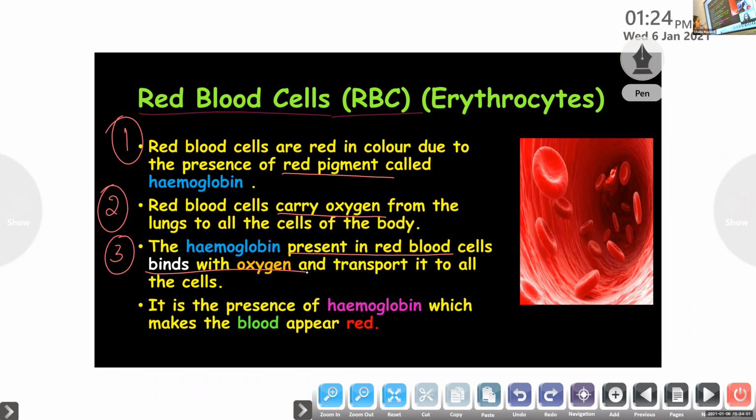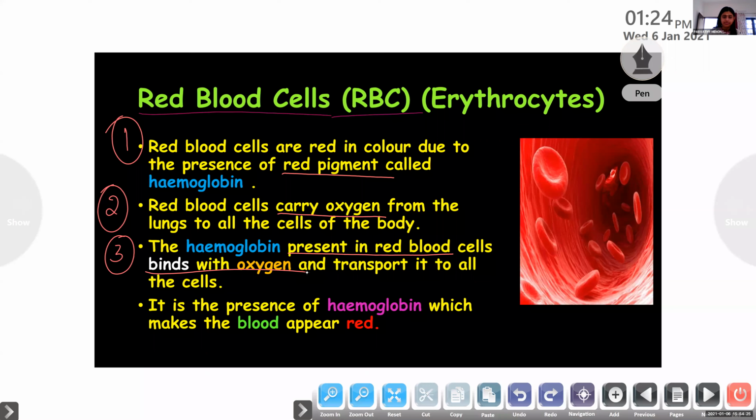In the last point, what is the color of our blood? Red. What is present in the blood which gives it the red color? Hemoglobin. Where can we see this hemoglobin?